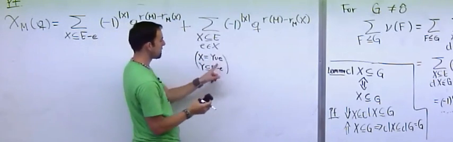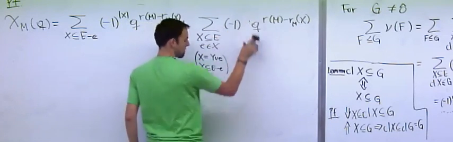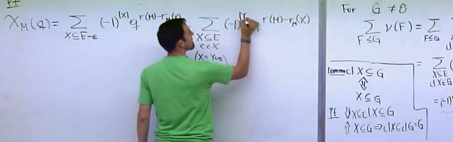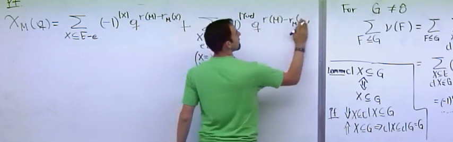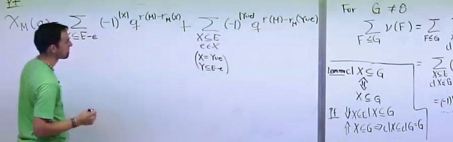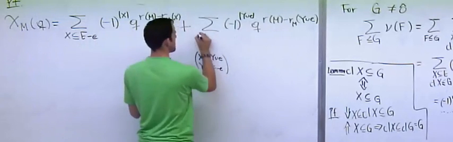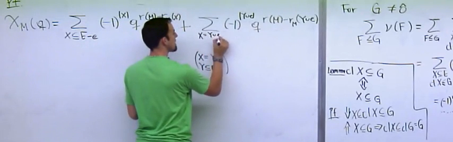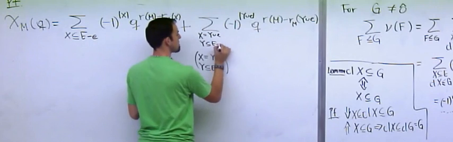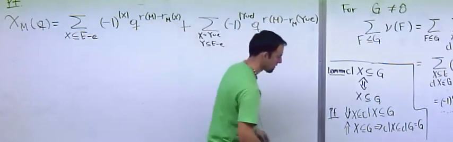So instead of writing this as X, let me just write it as Y union e. So X is equal to Y union e, Y is a subset of E minus e. Okay.